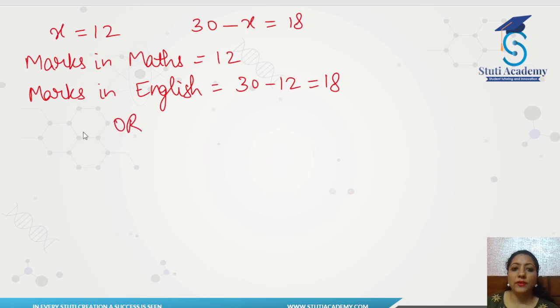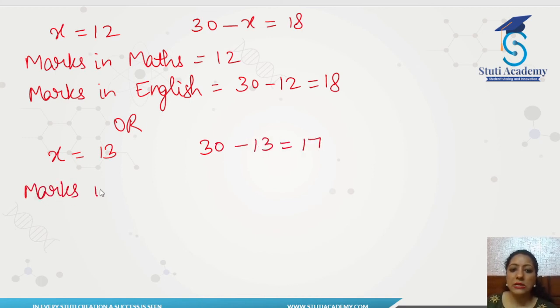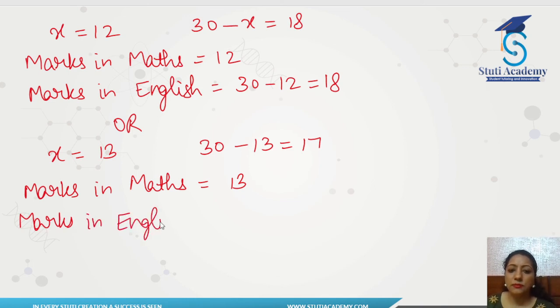In case 2, when we are getting x is equal to 13, then 30 minus 13 will give us how much? 17. So in this case, we have marks in maths as 13 and marks in English as 17. I hope students, you've all understood this. Please notice here we are going to consider both the cases.